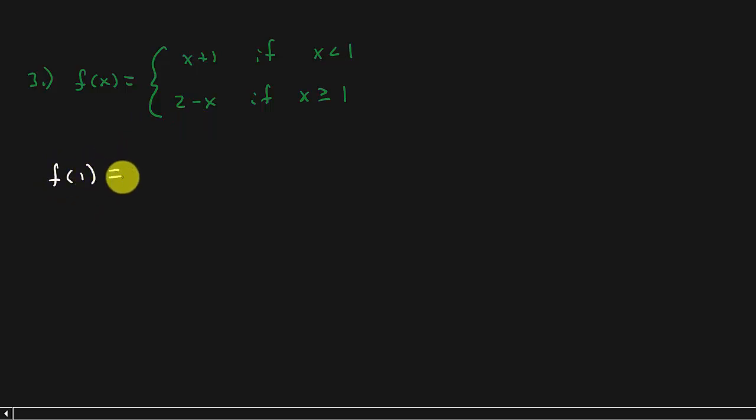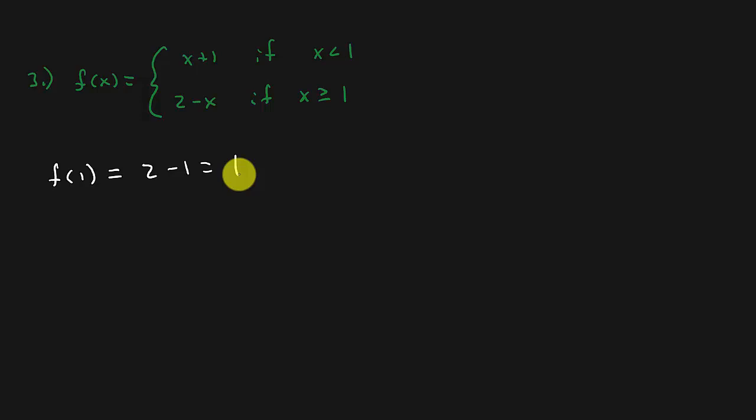Well, does that exist? Which function do we use to plug the 1 into? Here it's greater than or equal to, so we use that one when evaluating at 1. So that's going to be 2 minus 1, which is 1. All right, so the first condition is satisfied.